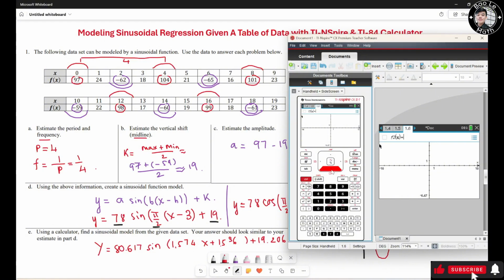Now because we already store the function, right? So you just hit the upper arrow right here, and we see the graph right here, and you just hit enter, and it doesn't show up because... Now since you already store the function, right?